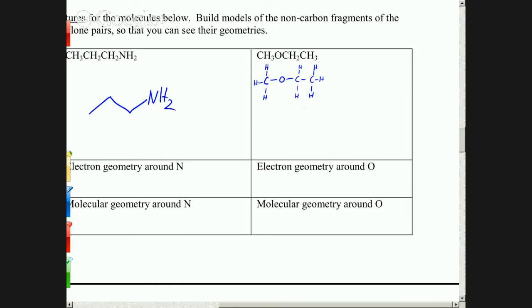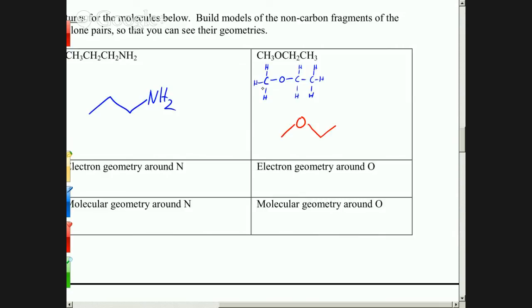So then the line structure says, leave the O alone, get rid of the other carbons and hydrogens, and just put them at the ends or connections of lines. So if we leave that O there, and then we just put a line over here, at the end of that line is this carbon, and then the end of this line is this carbon, and then we connect that second one.